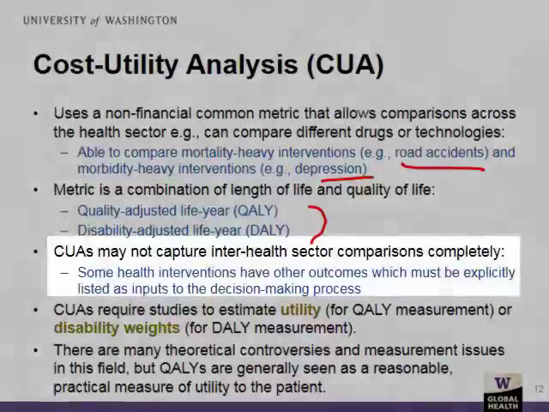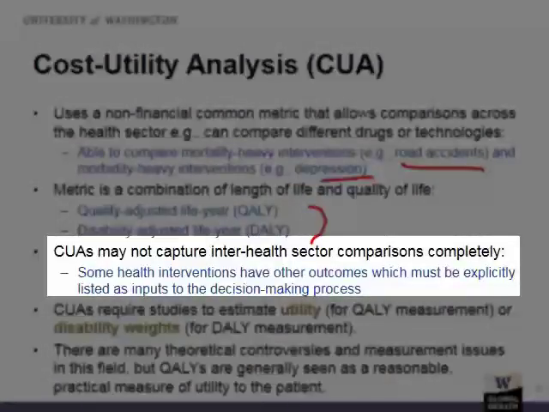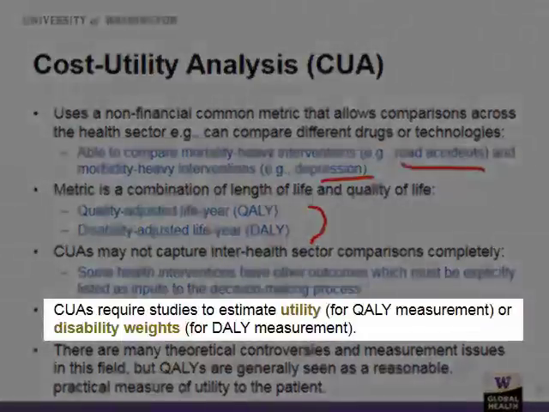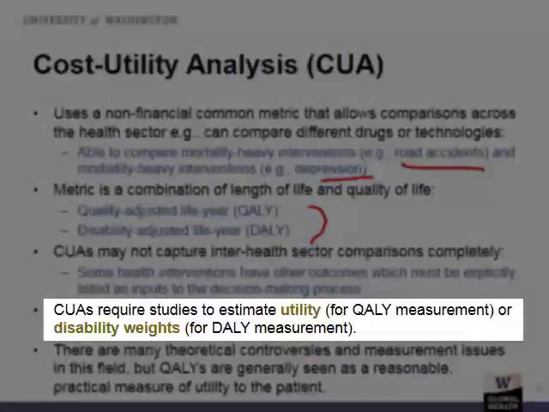And these CUAs may not capture inter-health sector comparisons completely, and the reason is some health interventions have outcomes that are difficult to explicitly list as inputs into the decision-making process. In CUAs, you have to estimate utility for QALYs and disability weights for DALYs, and we'll look at that.